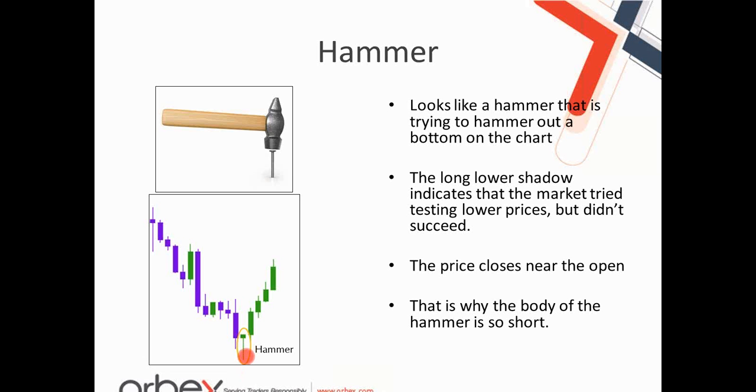So another way of identifying a hammer, take a look at this one. Like candles, you have to realize that even though I'm showing you these candles over here and they're perfectly in line with what I'm saying, candlesticks can oftentimes be slightly different, right? Take a look at these 3 candles over here for me. What does it resemble?